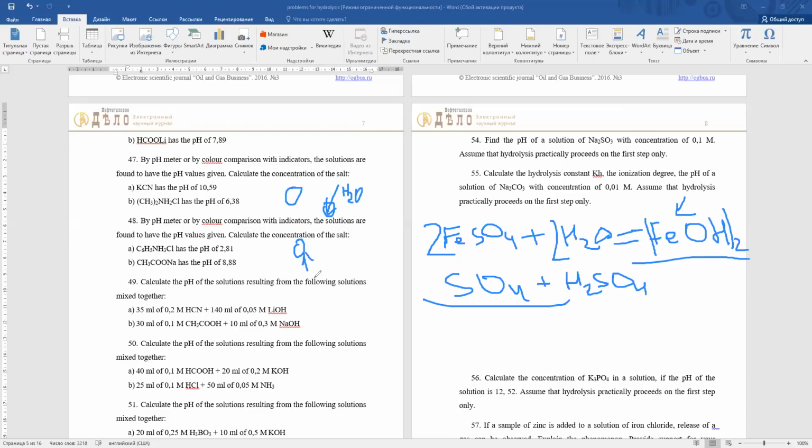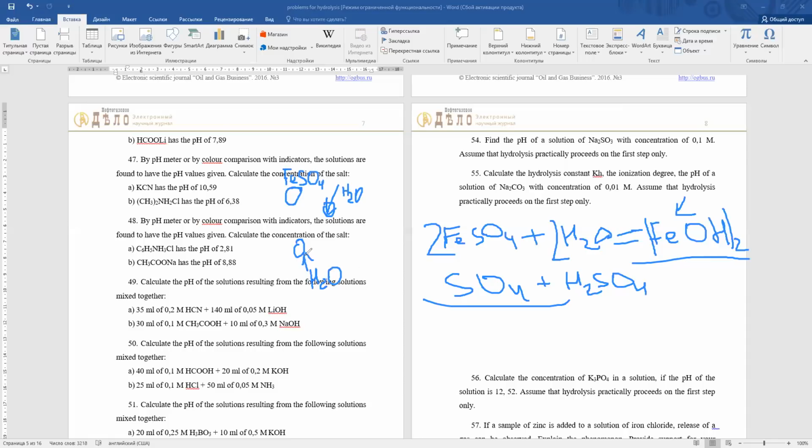These are water molecules, and then this is the salt molecules.